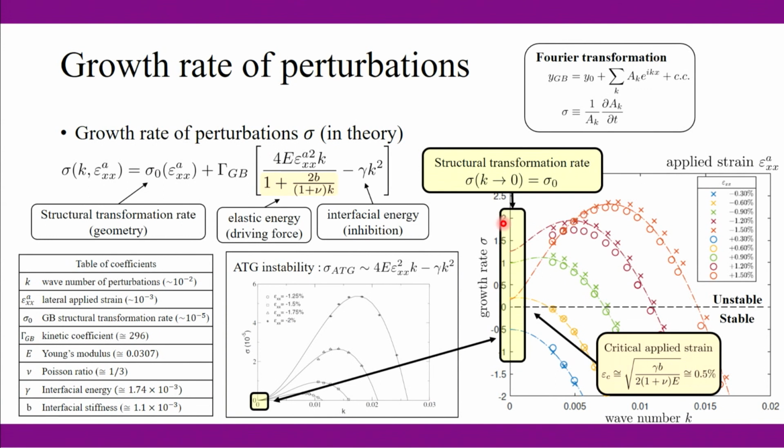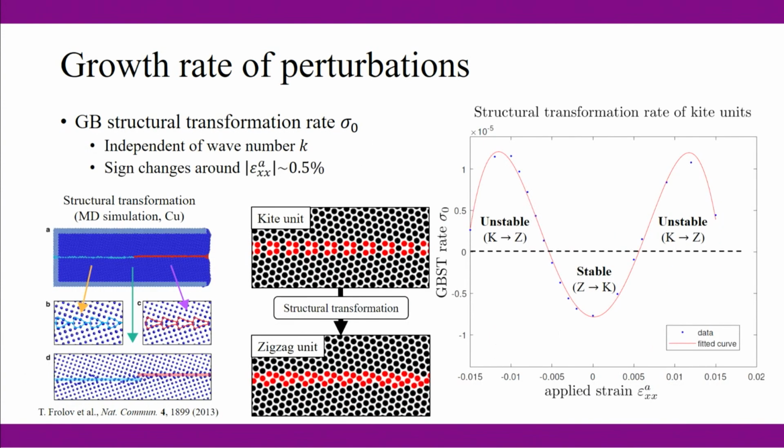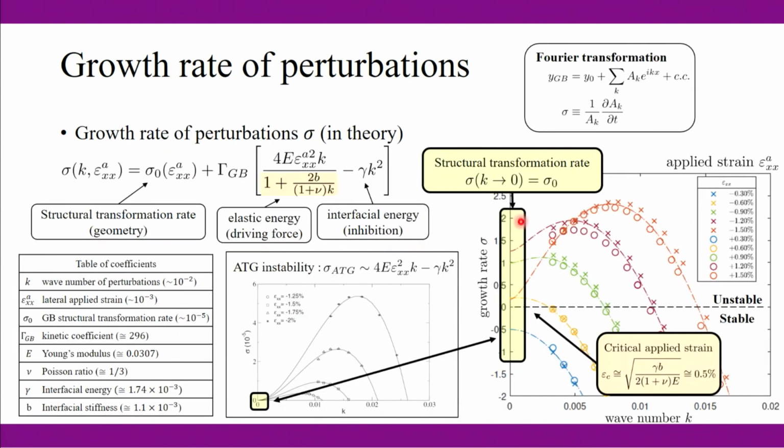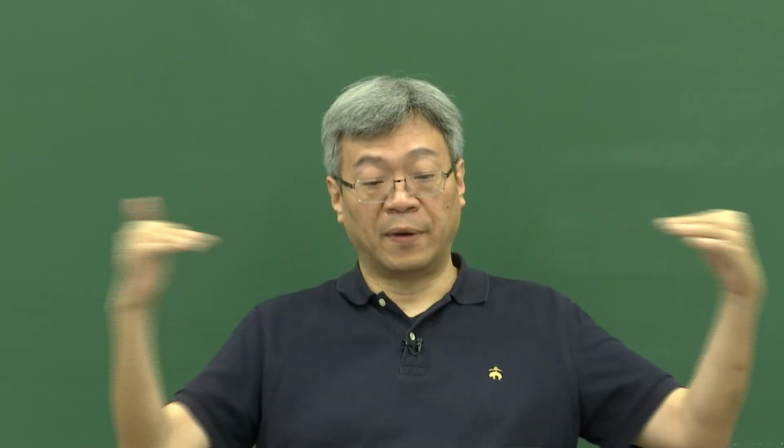You are not expecting the growth rate to start from zero, right? Because you can have this structural transformation occurring that lowers the energy for you, okay? So here is the detailed measurement for that sigma naught, let's say. We call that for wave number equal to 0. If you compress your solid, you start to see the whole grain boundary being moved and form a different structure, for example, like the zigzag structure.